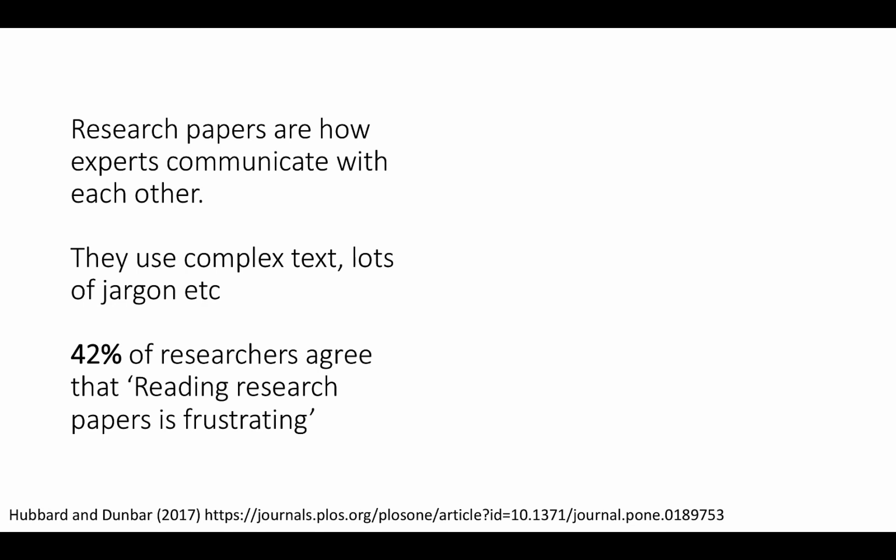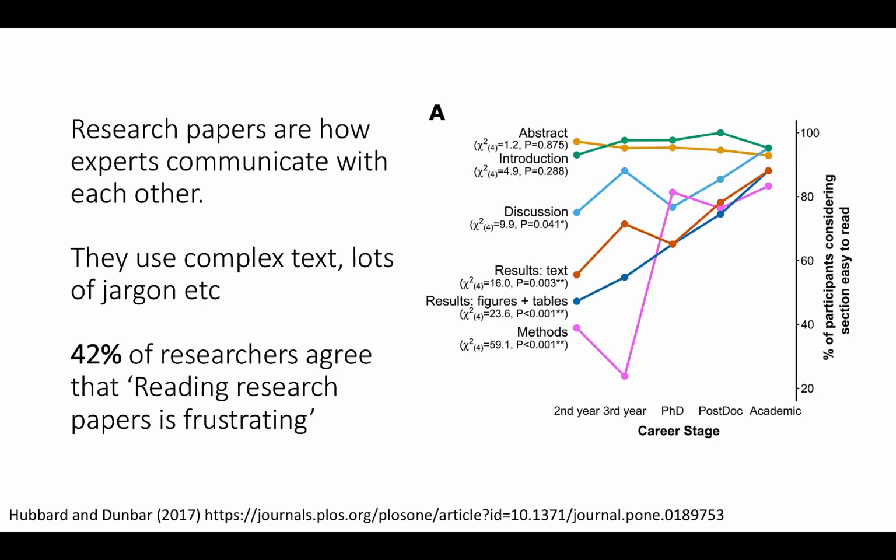But what I think is important to realise is, we did a study of both undergraduates and scientists and asked them about their reading papers. And 42% of the professional researchers, so academics that we asked, agreed that reading papers is frustrating. Some papers are really tough going, and it's okay to find it frustrating. In our study, we also looked at which bits of papers people found difficult to read. So on this graph, we've got career stage along the bottom, so 2nd and 3rd year undergraduates going through PhDs and then into professional scientists.